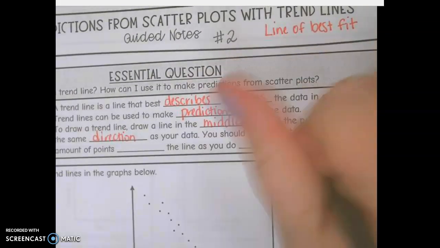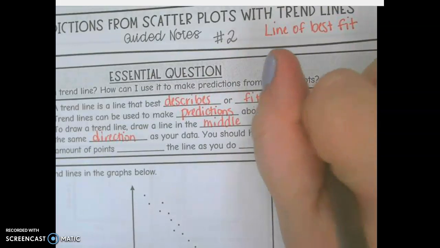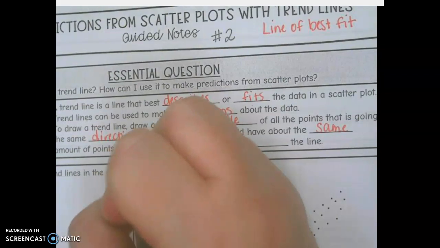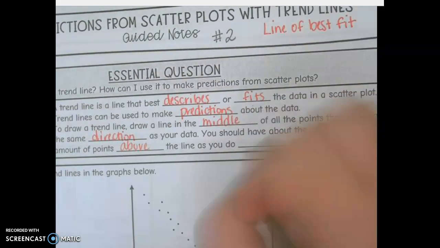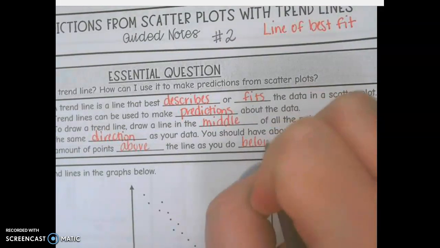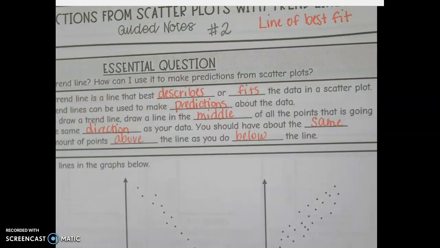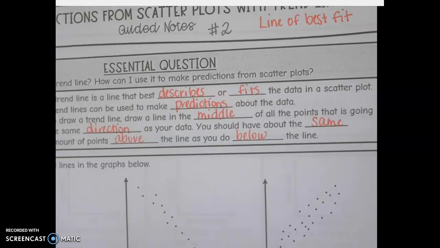You should have about the same amount of points above the line as you do below the line. So our goal is to draw a line that describes our data. Now we can't connect every single point. It wouldn't be linear anymore. It'd be all over the place. So we draw a line that kind of best fits. That's where that line of best fit, or trend, comes from. It's showing us in general how it's working.